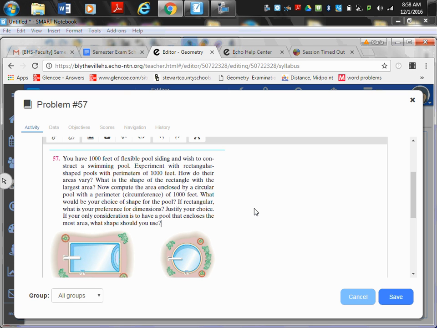So everybody in the class should have different answers, because there are lots and lots of ways that you can make a rectangle that has a perimeter of 1,000 feet. Okay? So nobody in the class should have the same answer.